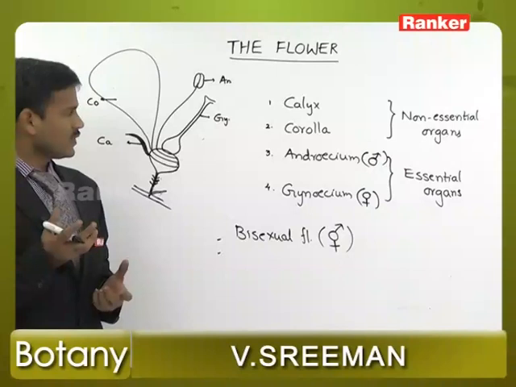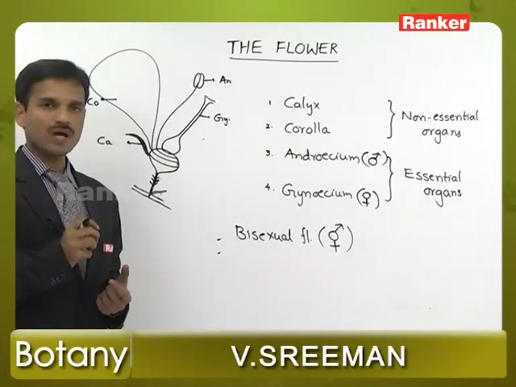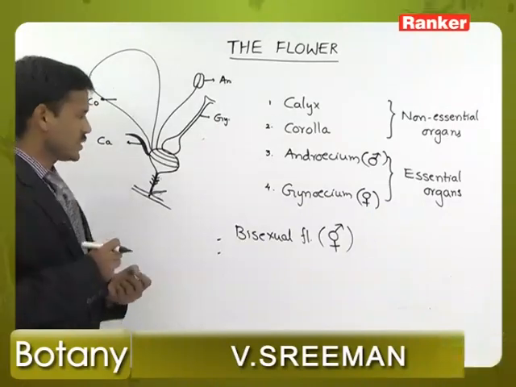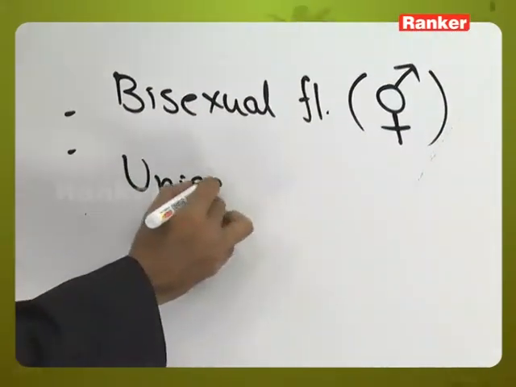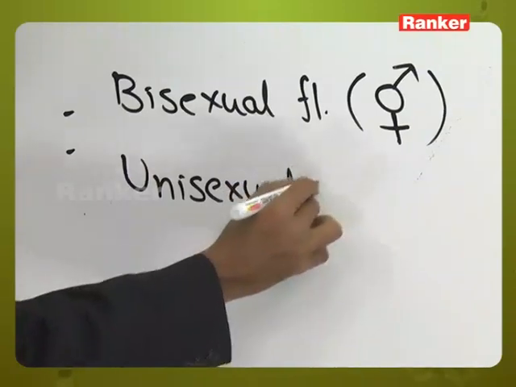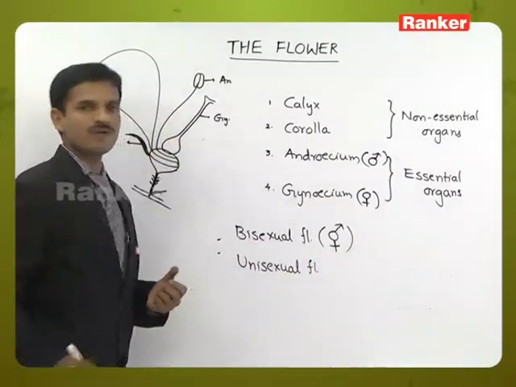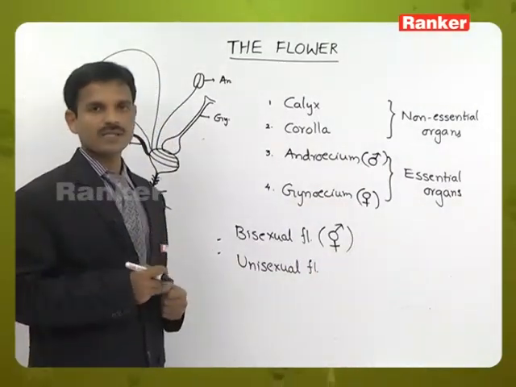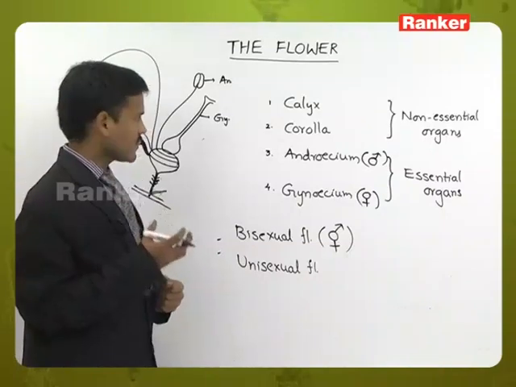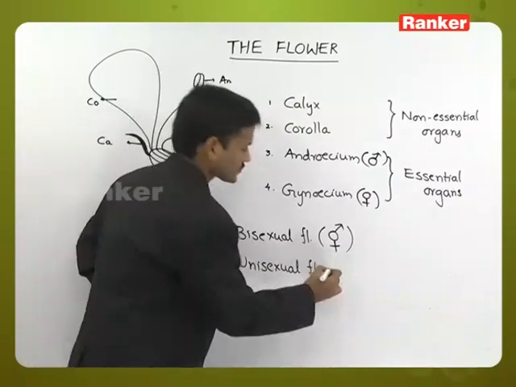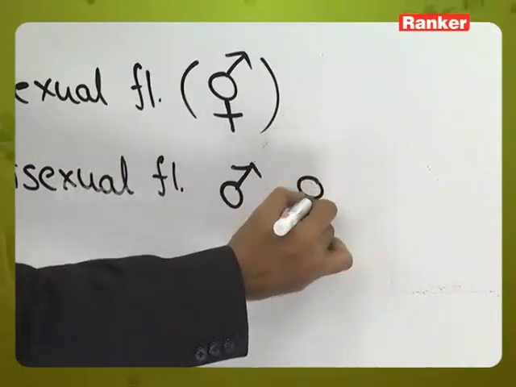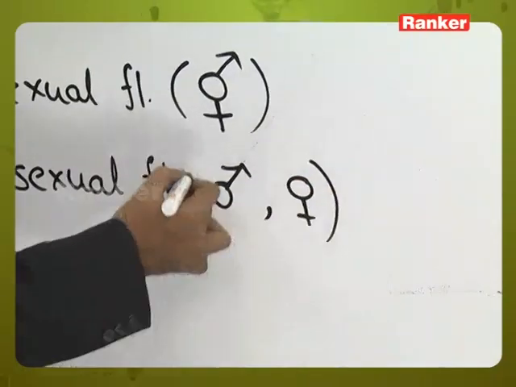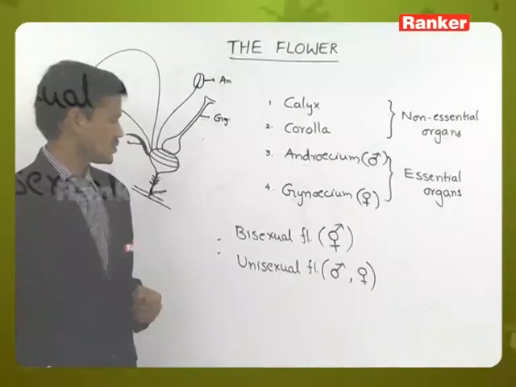And if only one type of sexual organ is present, it is called as unisexual flower. Unisexual flowers are of two types. Male flowers are having only stamens, and female flowers are having only carpels or gynoecium.